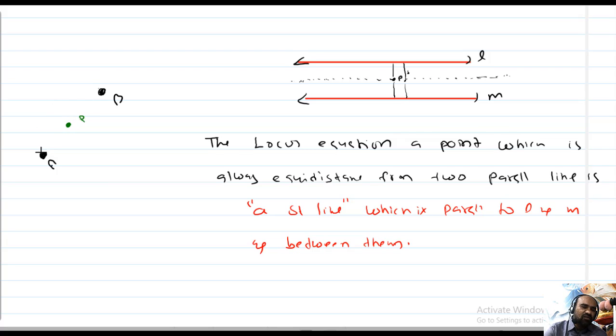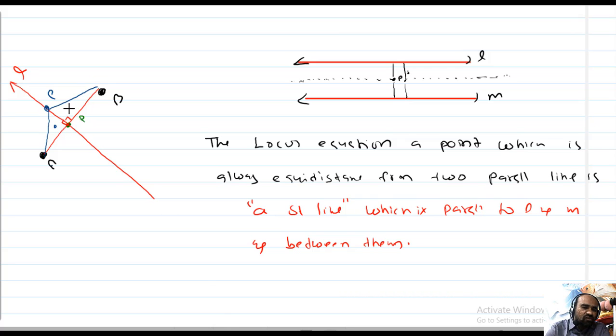First of all join AB. Through P, draw a line perpendicular to AB. So every point on this line L satisfies the given condition. What is the condition? The point should be equidistant from these two points. Easily can prove. For example, this is one of the points P. Join PA and PB.